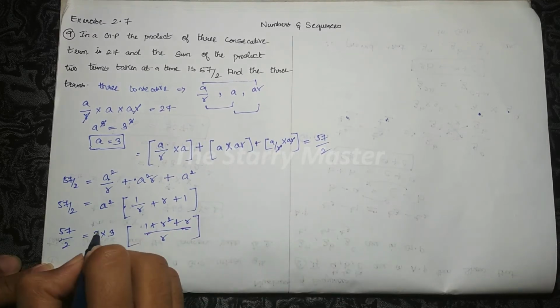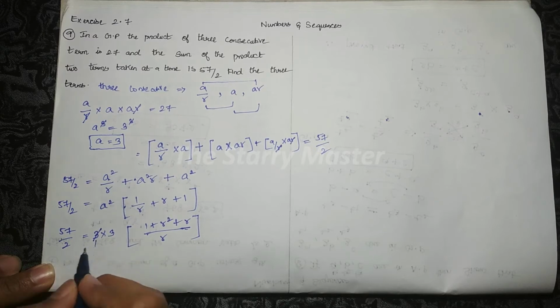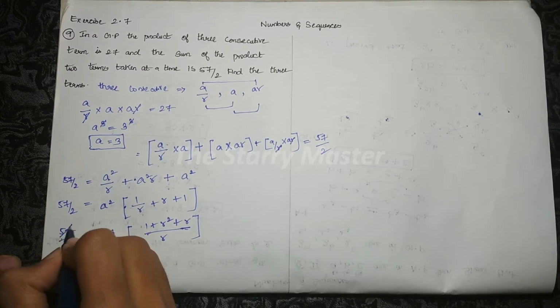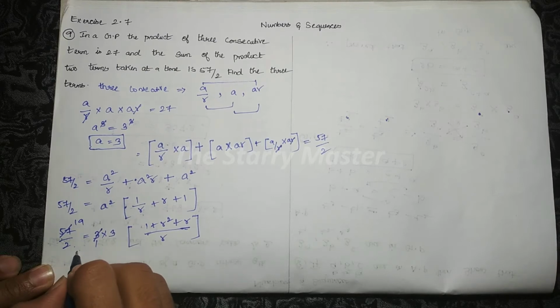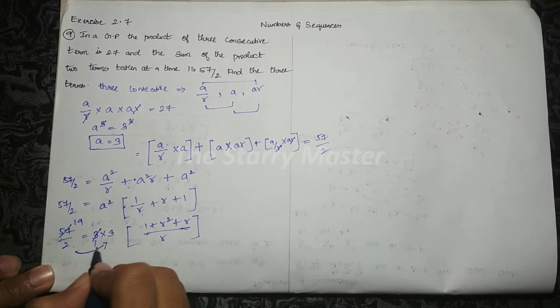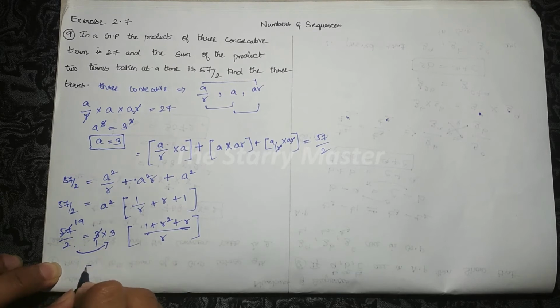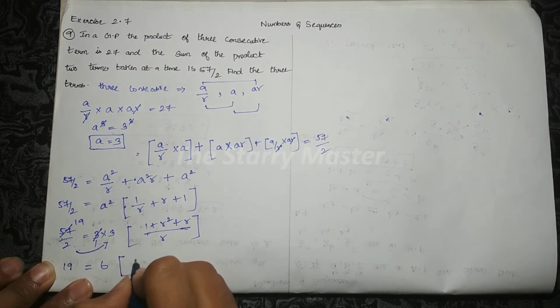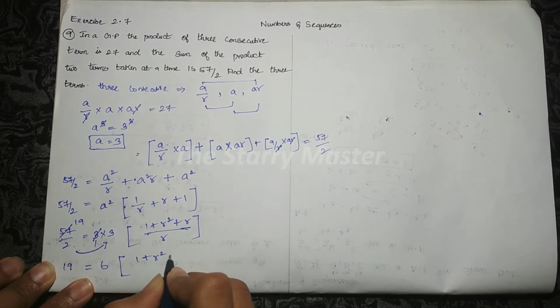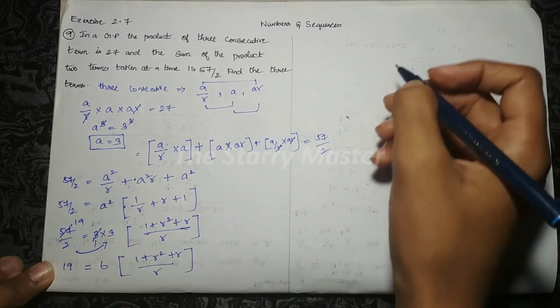Okay, so let's divide this. 3 ones are 3, 19 times 3 is 57, so we have 19. We have 2 on that side; if we take 2 to the other side and multiply with 3, we get 6. Here we have 19 and 6 into (1 plus r square plus r) by r.